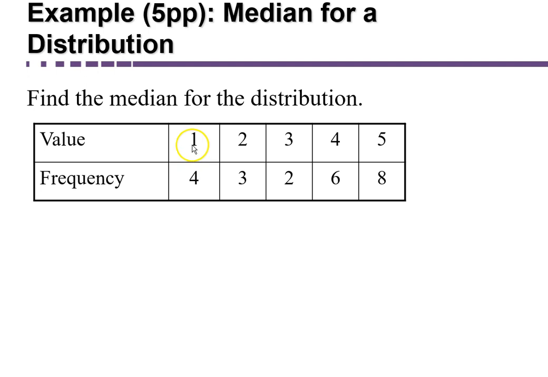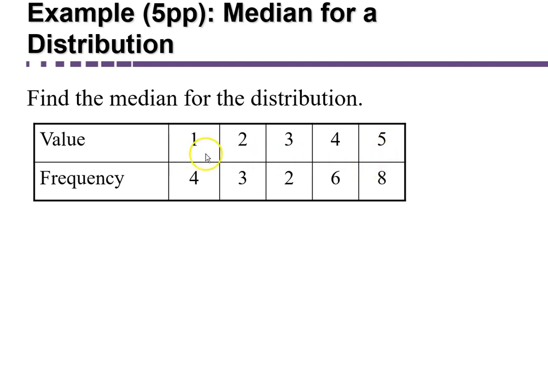So that means there are 4 1s. Here the frequency is 3 2s, 2 3s, 6 4s, 8 5s.